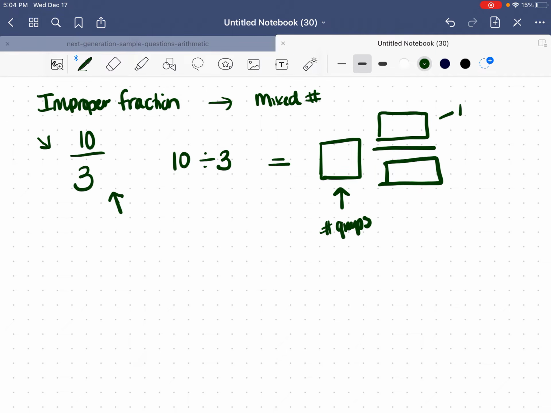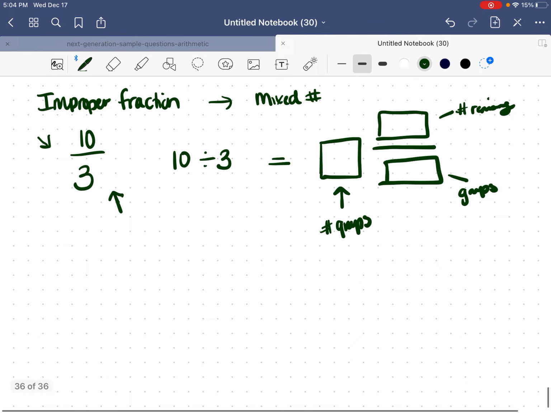So this is going to be the number remaining. And then this is going to be groups of. So if you're making groups of 3, then 3 would be the denominator. So I'm going to show you how we can fill this out. And once I do it once or twice, you're going to be like, oh, Miss Amber, that really helped, especially when you see the picture that's associated with it.